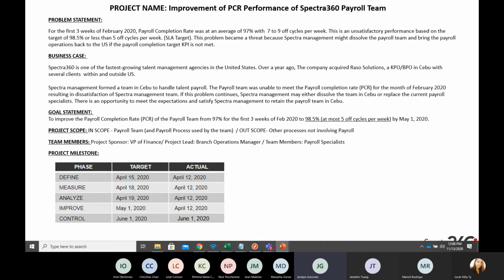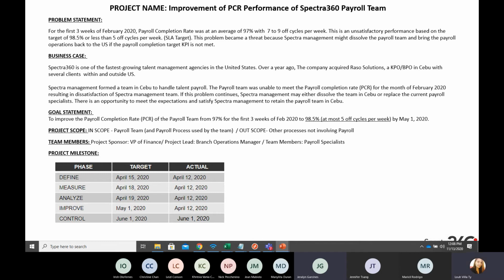This is an unsatisfactory performance based on the target of 98.5% or less than 5 off cycles per week. This problem became a threat because Spectra management might dissolve the payroll team and bring the payroll operations back to the US if the payroll completion target KPI is not met.